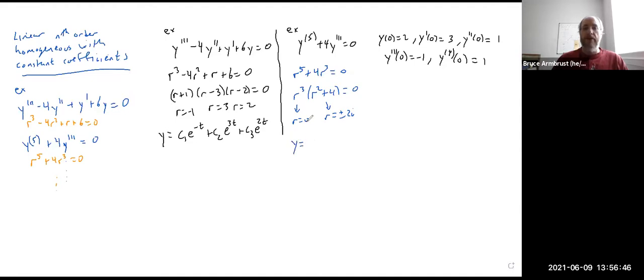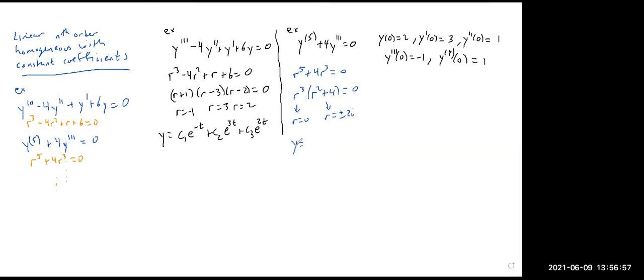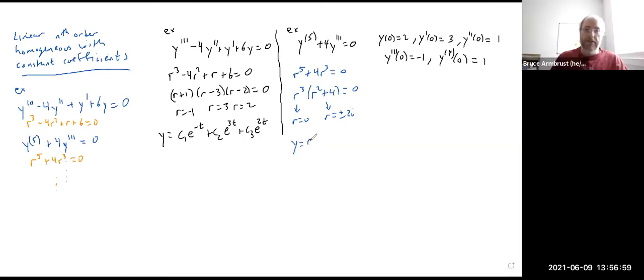The r equals 0, what does that give us as a function? It's just a constant, right? It's just going to be 1. So C1. But then it repeats, so the next one needs to be t, and then it repeats again. These are the three that come from the 3 roots of 0.